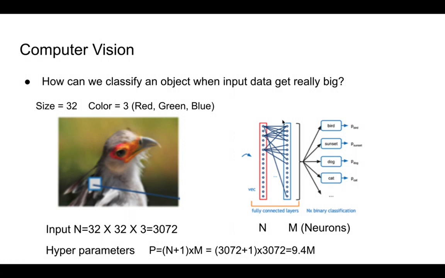The number of tunable parameters is n plus 1, where 1 is the bias introduced to the hidden layer, times m. This represents the total connection between neurons. The number of weights here has already reached 9.4 million. We are not even talking about more complicated cases, that is, adding more intermediate layers yet.